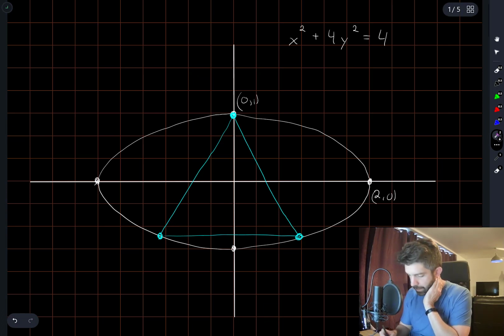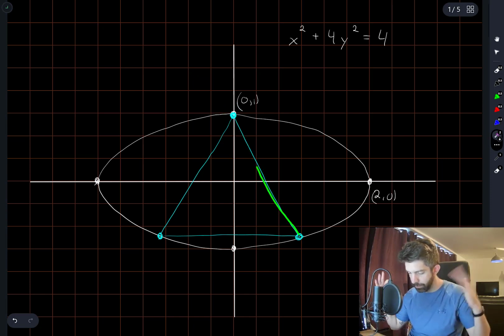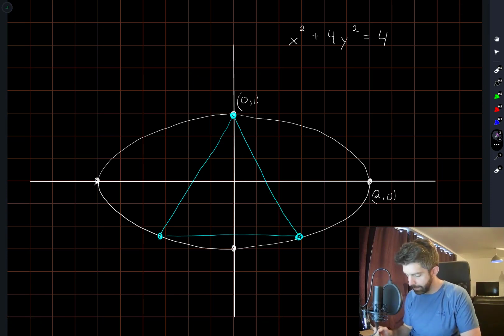So maybe what I'll do is write down the equation for a line that goes through the point (0, 1) and has the appropriate slope, whatever that slope happens to be. And then we'll find the intersection point of that line with the ellipse down here. That'll tell us what this point is, and then we can compute the side length.